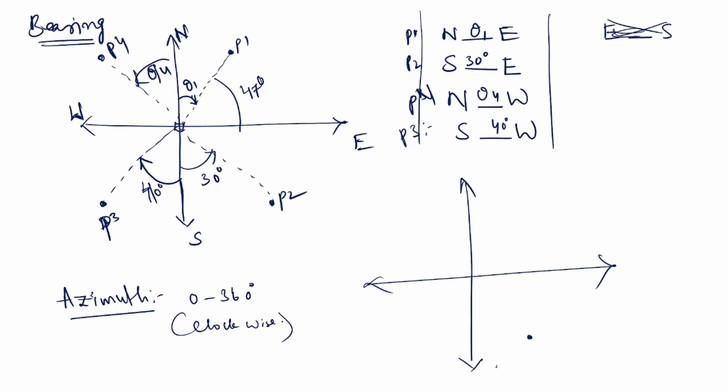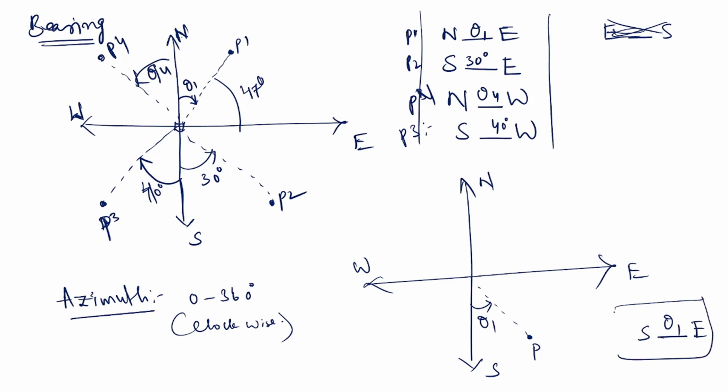In bearing, this is south and this is east, this is north and this is west. Let us say point P. You have only one option in bearing, that is south to east. You cannot express it as east to south. You have to find this angle and put that theta 1 here.